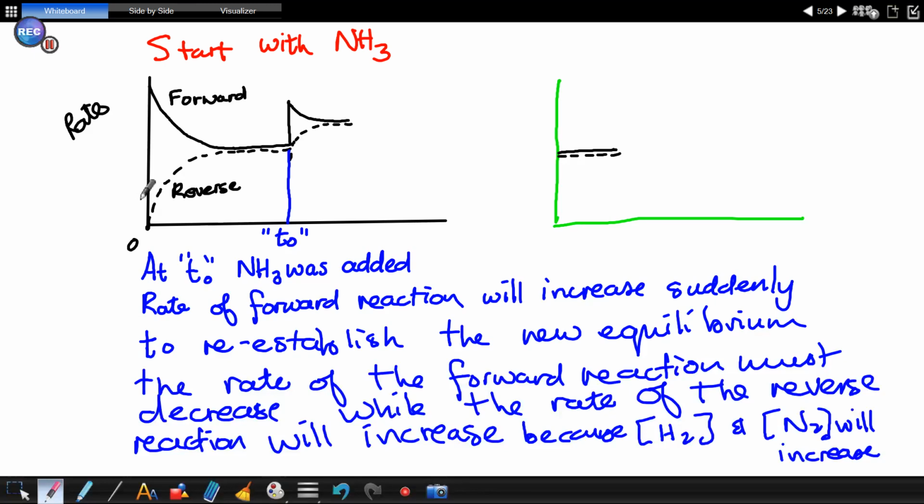So that's point T0 basically. But now we're decreasing. You remove ammonia. So think about it. If you take ammonia out, what is going to happen to the rate of the forward reaction? Decrease.